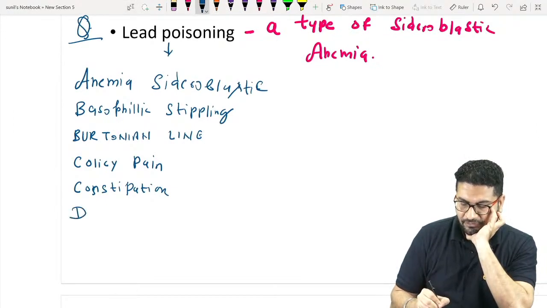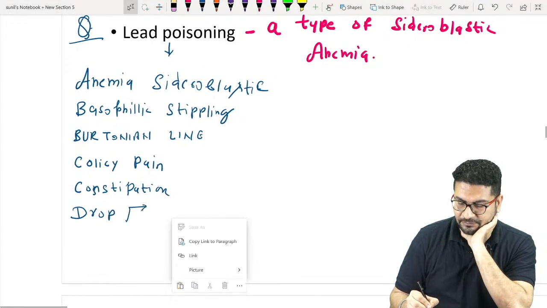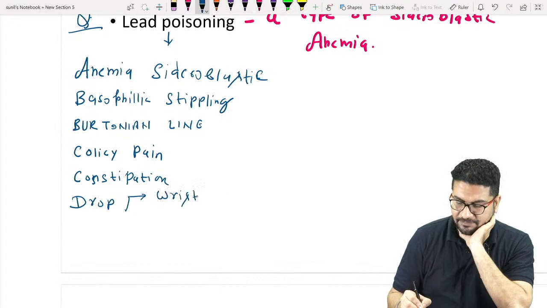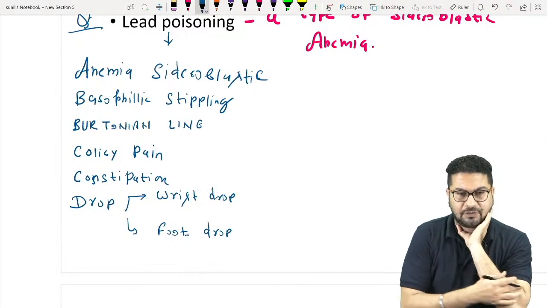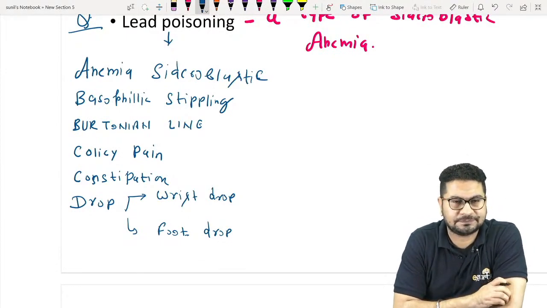They will develop drop. Drop means there will be neuropathy, so they can develop wrist drop and they can develop foot drop. So a lead poisoning patient can develop wrist drop and foot drop.